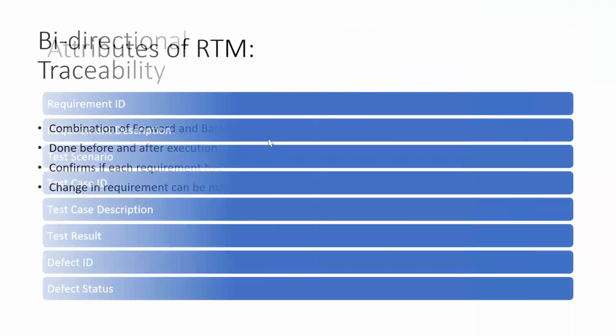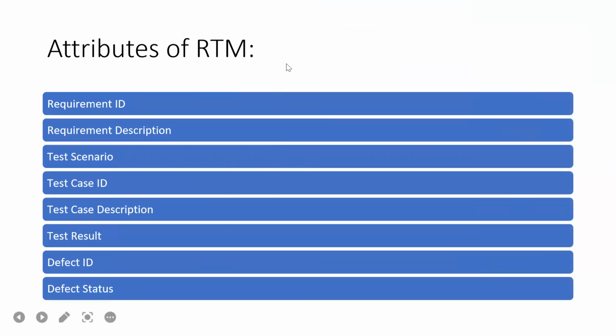Now the next is attributes. Attributes are nothing but the contents of your requirement traceability matrix. First goes your requirements: you have to have the requirement ID and a requirement description. Then you would have created a test scenario, and then comes the test case ID and test case description.